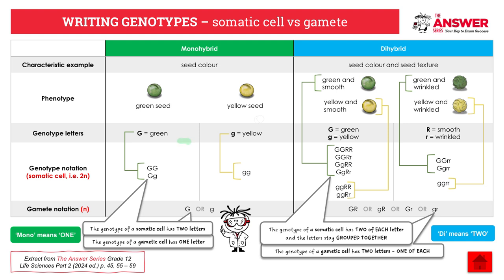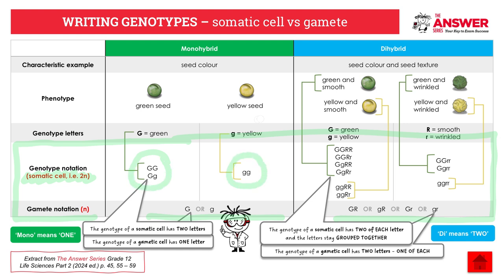So in this table, just once again, all we've added here is that the genotype notation and the gamete notation should be considered, and they should be noted that they're different. In terms of the genotype notation, what is provided in the table shows a somatic cell, a diploid cell, where you have 1 allele from each parent for each of the characteristics involved.